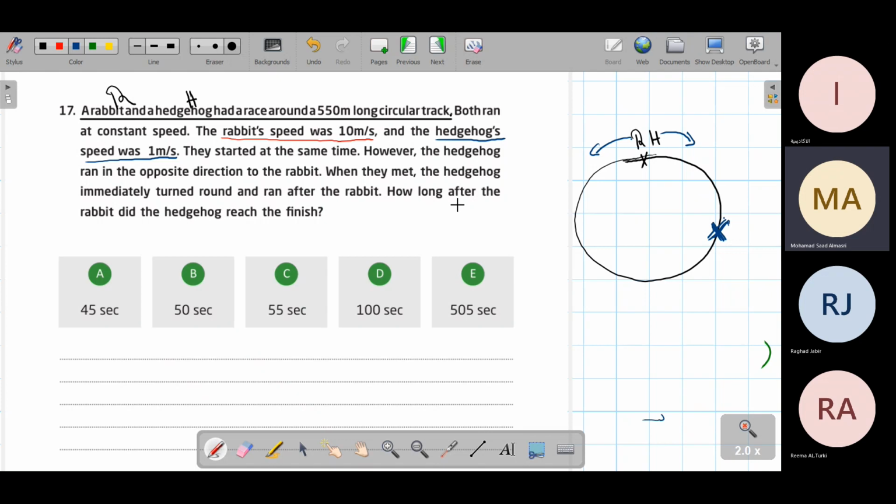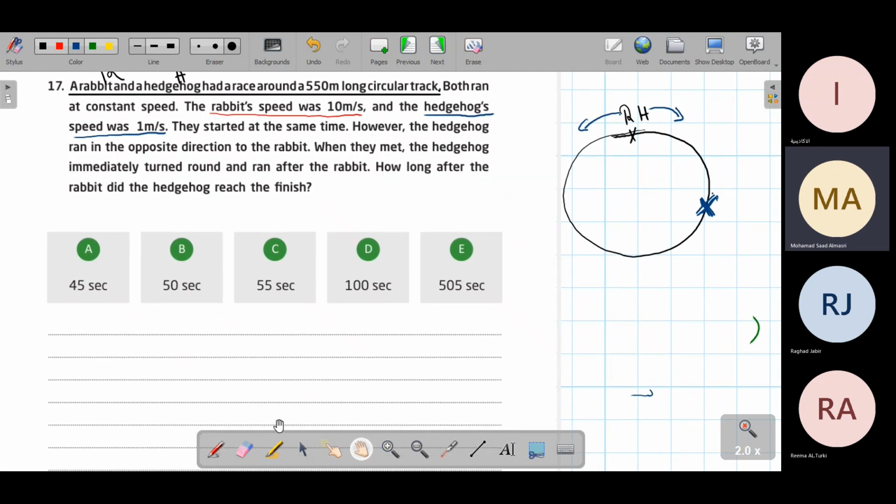We need to know, when the rabbit reaches the finish line, how much time the hedgehog needs to also reach the finish. So I start by calculating where the rabbit and the hedgehog will meet.